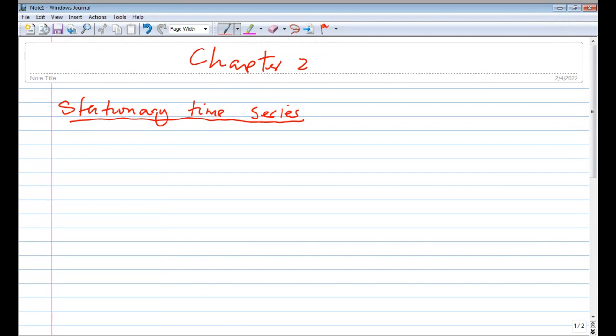You have to differentiate this. Stationery for the books is spelled with an E here, but this one is with an A. So you have to differentiate that.